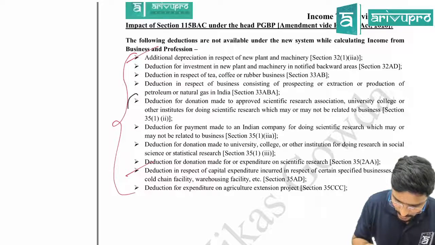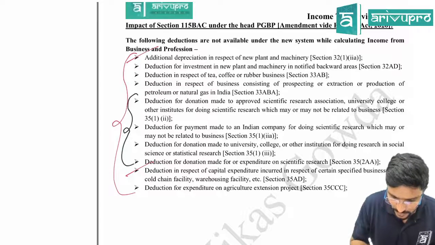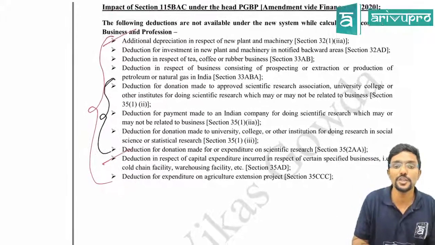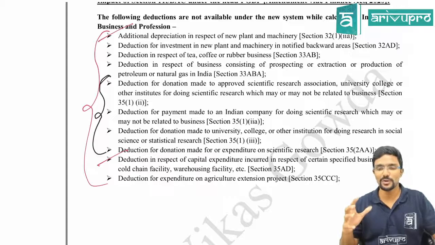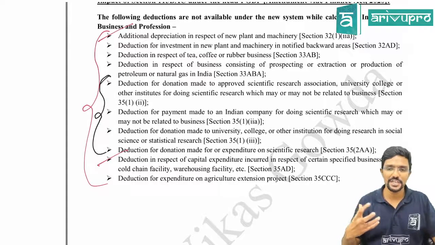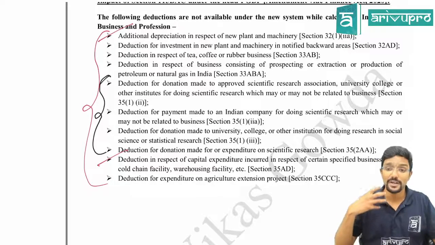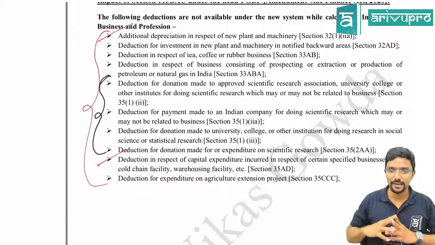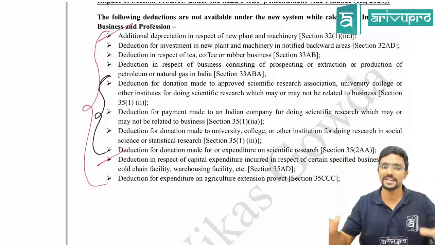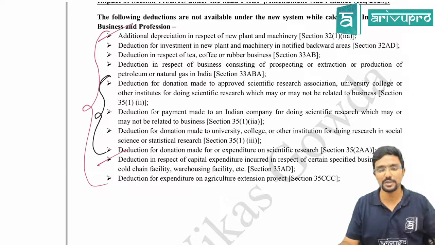Okay, almost all the points are with respect to donation for scientific research. So if you have given any donation to any approved institute or association, college, university or national laboratory, if you are under the old scheme, you can claim 100% deduction, but if you are under the new scheme, you cannot claim deduction. The 4 points are with respect to that only.